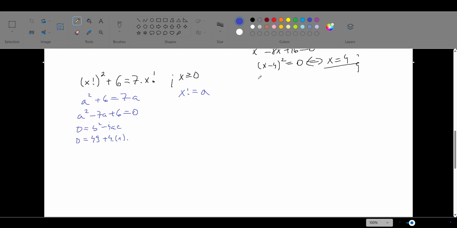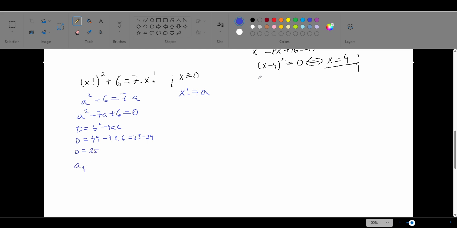Now I realize that this is something you can factorize very easily, but let's finish it with the discriminant. So 49, sorry, not plus but minus 4 times 1 times 6, which means this is equal to 49 take away 24. So our discriminant is equal to 25, which is good news.